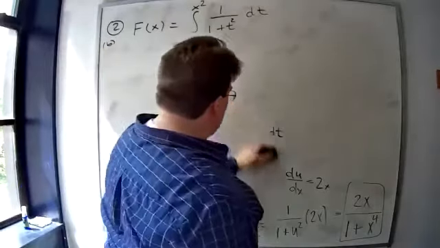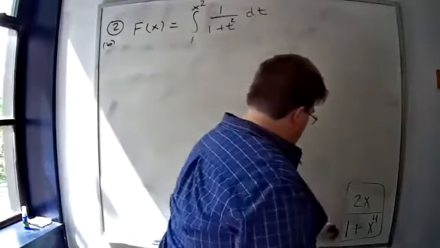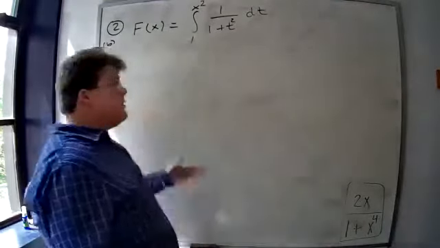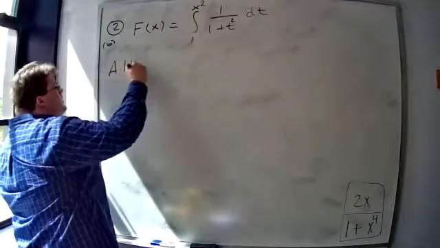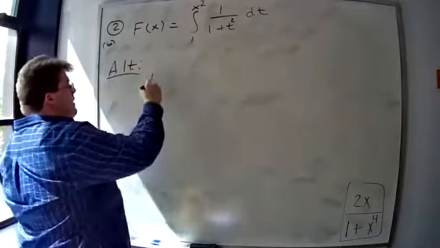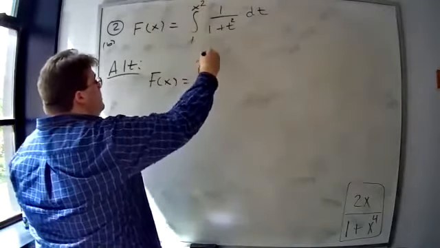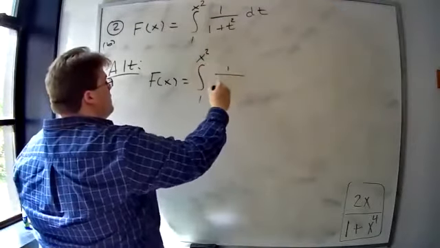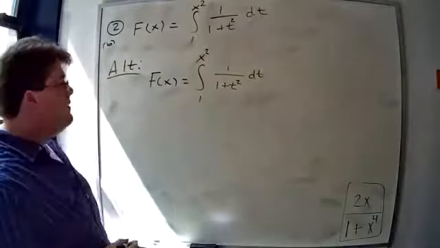But we can find this derivative directly, because we can apply the second part of the fundamental theorem of calculus. So I'll say alternatively, what do we have? Well, f of x is the integral from 1 to x squared of that.